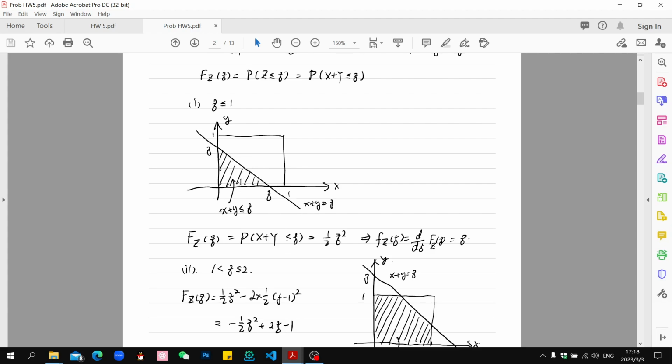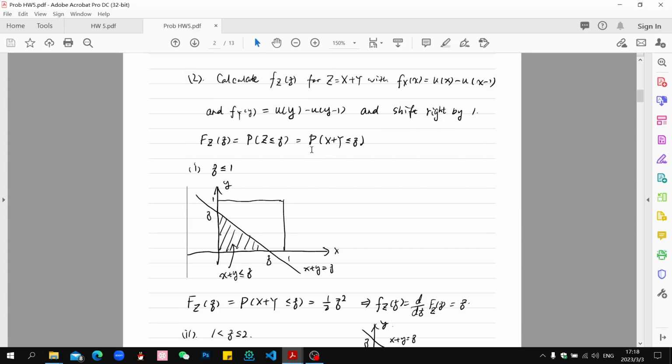This is the line for this inequality. We can find that the probability here is basically the integral of small f, the density function, in this area.